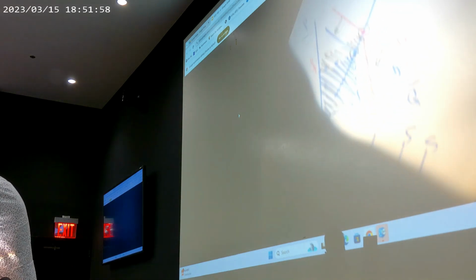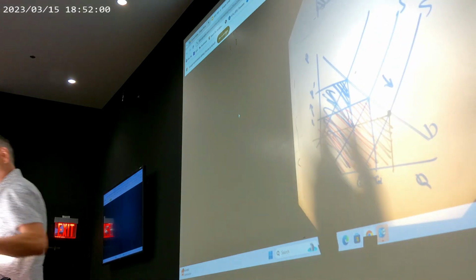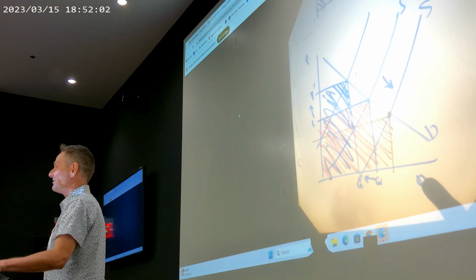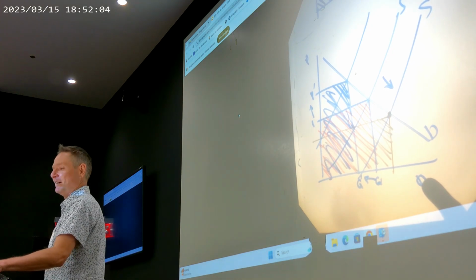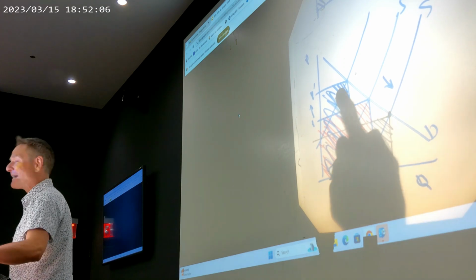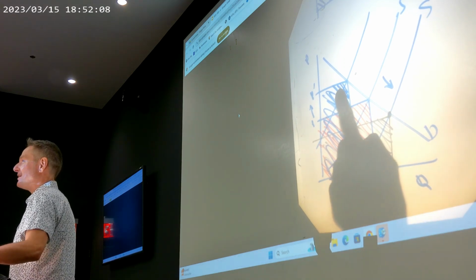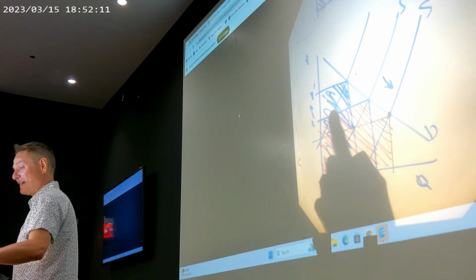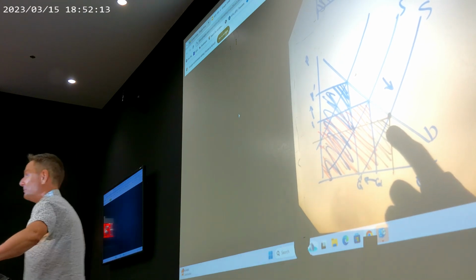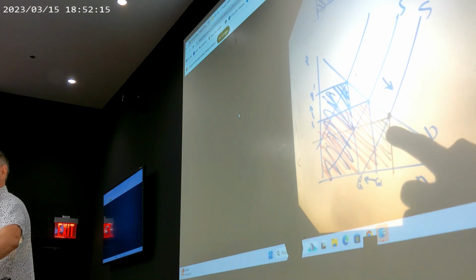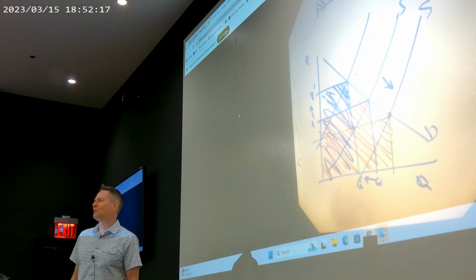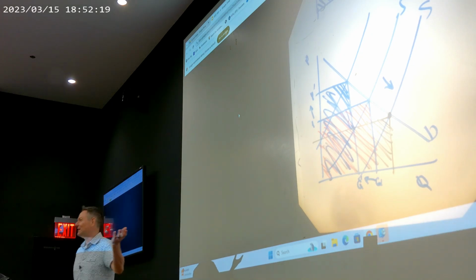Great. So we know that that's good. But now we're not sure what to do based on this evidence here, right? Do we crack down on dealing drugs and go for a blue rectangle? Or do we make drugs legal and go for the black rectangle?